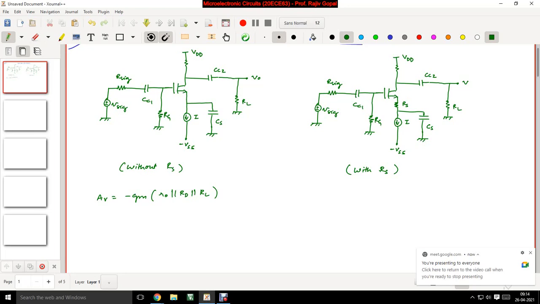For the open circuited gain I will make RL infinite. So here that is given as minus GM into R naught parallel RD.